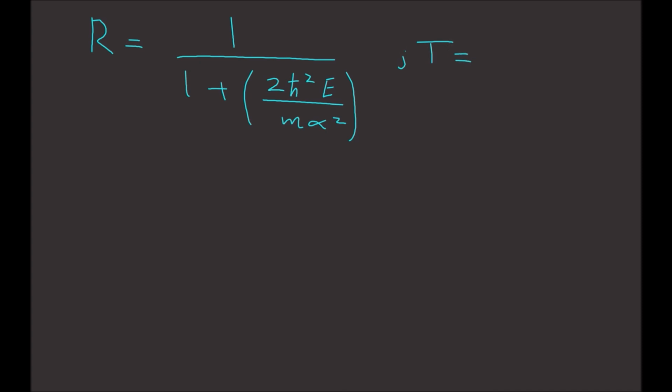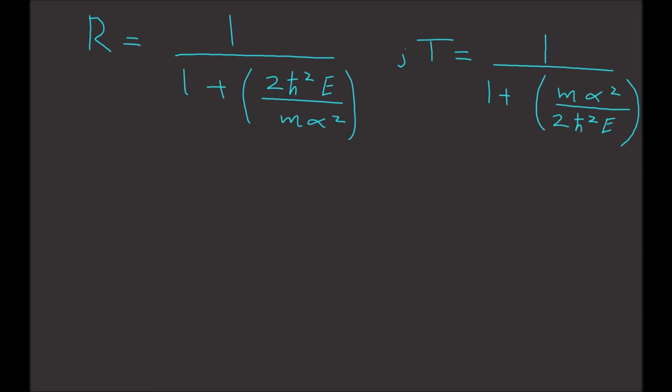R is equal to 1 divided by 1 plus 2 h bar square times E divided by m alpha square, and T, the transmitted wave, is equal to 1 divided by 1 plus mass times alpha squared divided by 2 h bar square times E. As you can see, the higher the energy, the greater the probability of transmission, which certainly makes a lot of sense. There's a mathematical miracle in here.